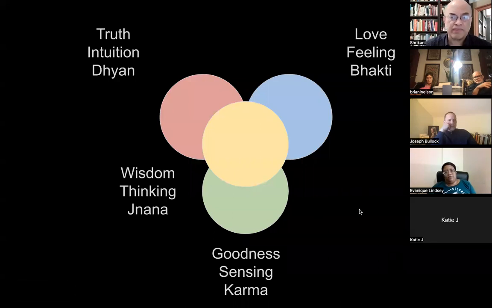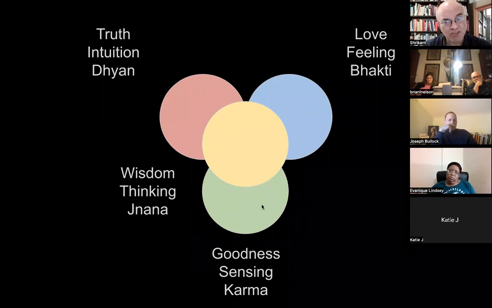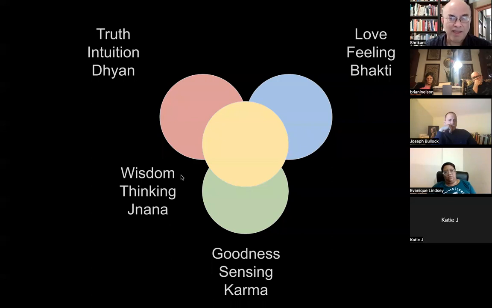Let's look at things historically. For example, let's take the four cardinal virtues and look at what is missing. Courage is about action. Justice is a little bit about other people, but mostly about goodness.